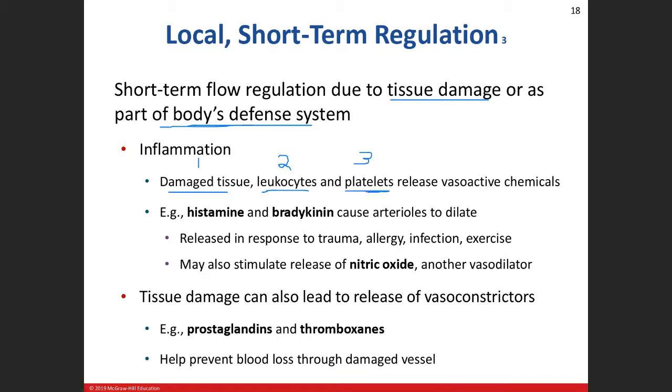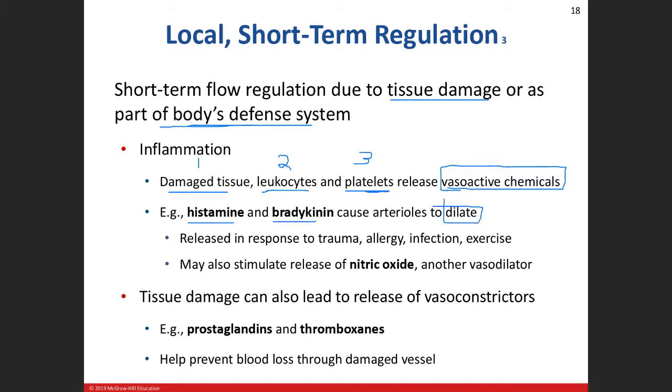Platelets help with the clotting. All this is going to involve vasoactive chemicals, which means chemicals secreted by some of the cells that were damaged, and by some of the cells that came on scene, but the whole point is we need to fix the problem. The 2 popular ones here are histamine and bradykinin.